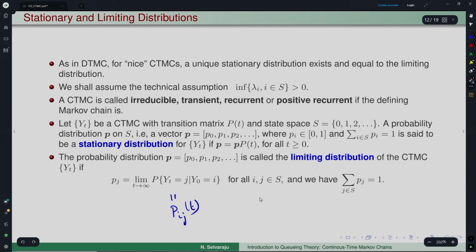That means if I look at this P of t matrix as t tends to infinity, the rows become identical, so the limit is independent of i and exists. So, this follows a distribution. If this is the limit Pj and they sum to 1, then you have a limiting distribution. Limiting probabilities may exist, but the limiting distribution may not, much like the DTMC case.